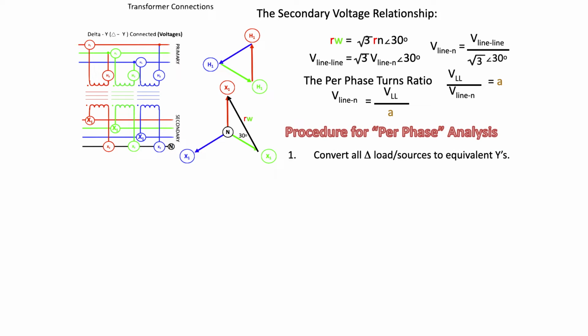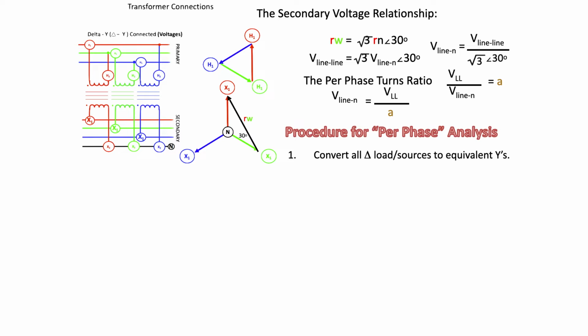Now, in order to look at the phase relationship of the primary, of course, there is no neutral, so we have to come up with a hypothetical neutral, but we can do that because it's a balanced system. The step one procedure for a per-phase analysis is to convert all delta loads and sources to their Y equivalents.